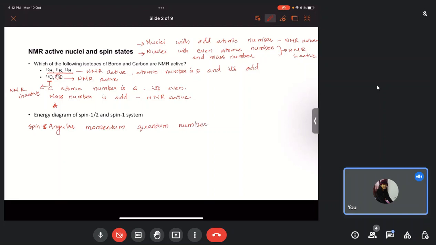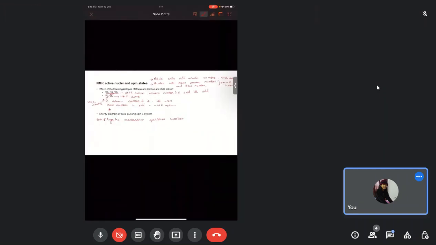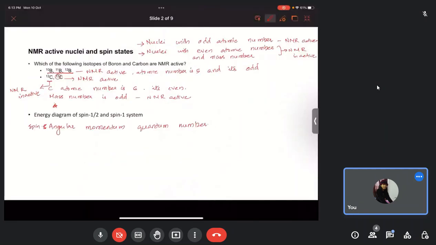The terminology spin half and spin 1 comes from the spin angular momentum quantum number, which is denoted as I. I is equal to 0 for NMR inactive nuclei, and I is equal to 1 by 2 for spin half nuclei.